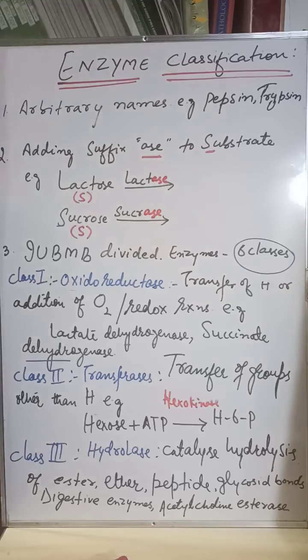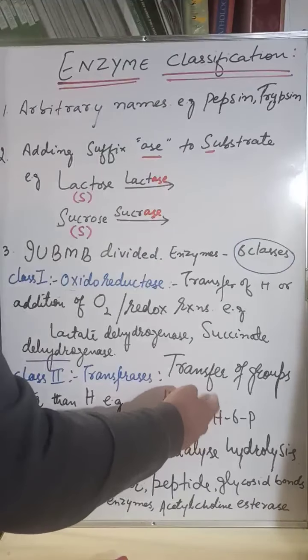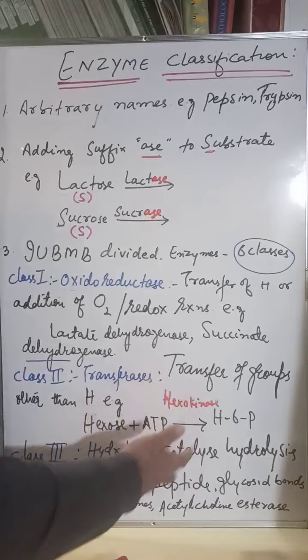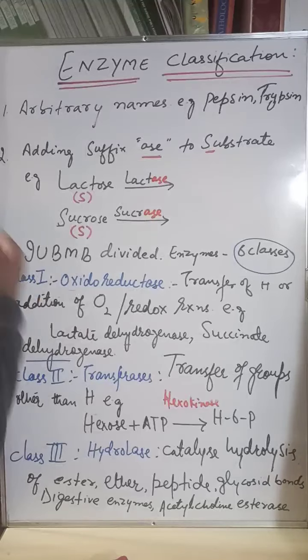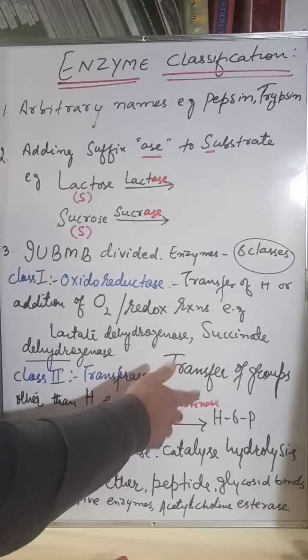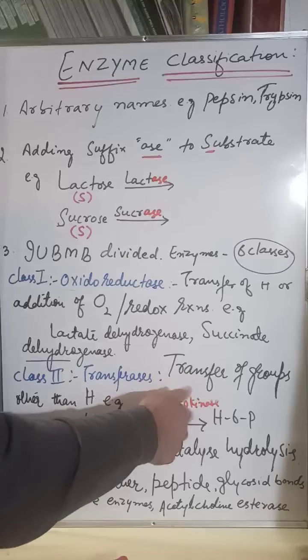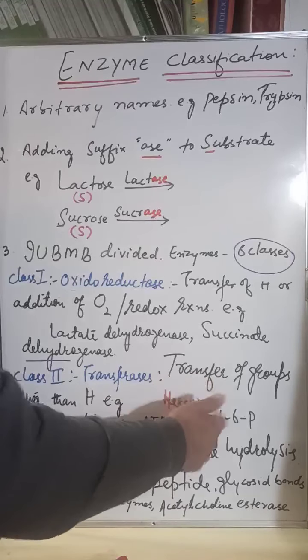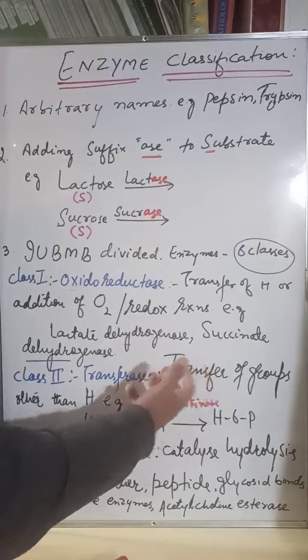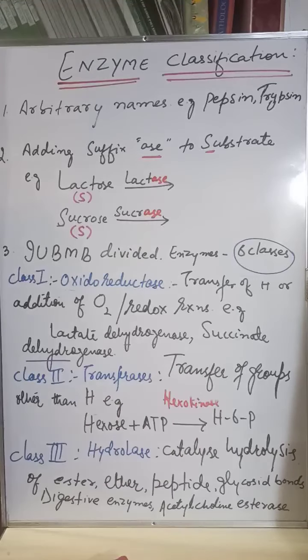And remember one thing also: kinase is a class of enzymes which do phosphorylation. Phosphorylation means they add phosphate to the substrate. Always remember, whenever you see hexokinase or any other kinase, kinase always refers to the enzyme doing phosphorylation, that is addition of phosphate.